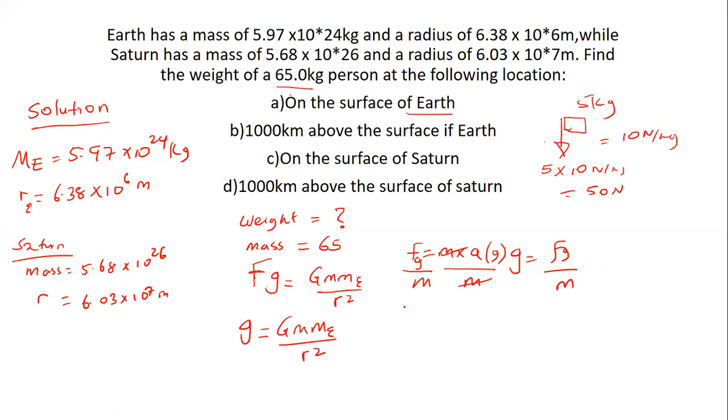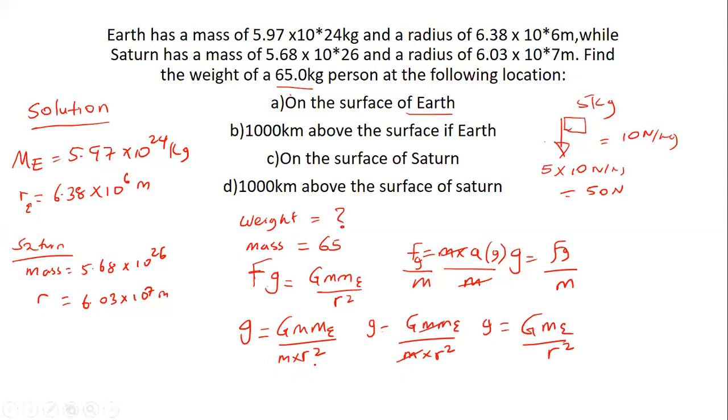But remember that the Fg is all of this, and this over m. So it's going to give you g equals G M M E over the mass times the radius squared. Remember that one m can cancel another one. So you're going to have remaining g equals capital G M E over R squared. So this is the formula for finding the gravitational field strength.